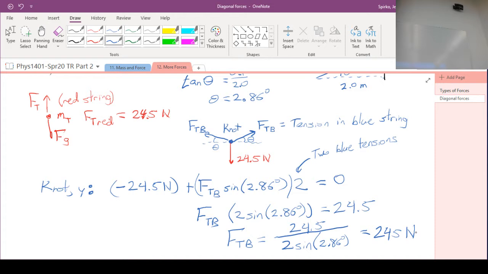So there's a leftward tension and a rightward tension, and the leftward x component of the tension and the rightward x component of the tension are busy fighting each other. And it's only the y components that are both upward and cooperating with each other. So this 245 newton force is busy canceling itself out mostly, which is why it has to be so strong just to hold up that object.